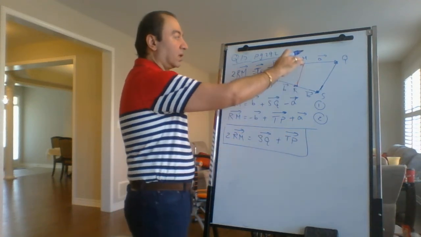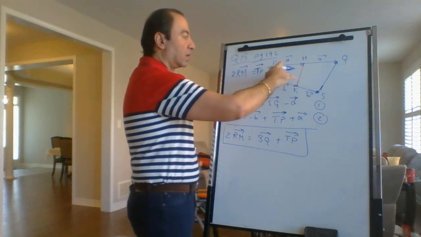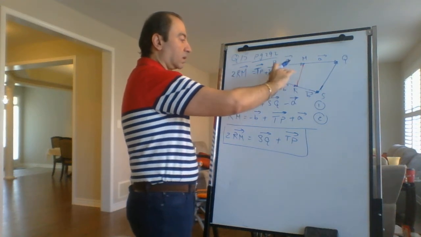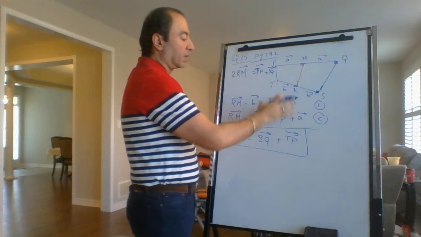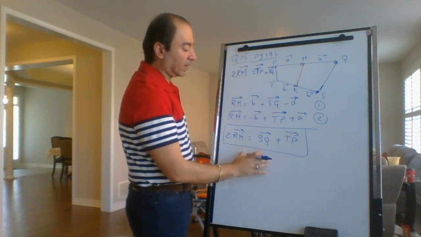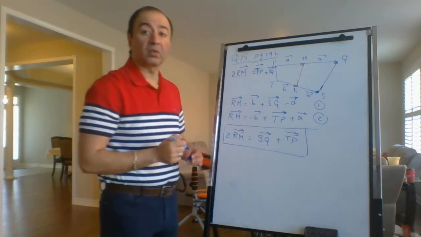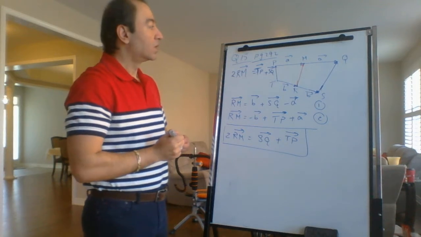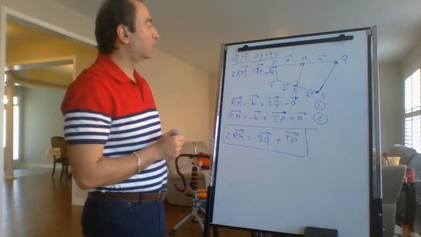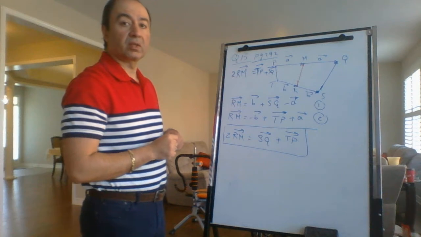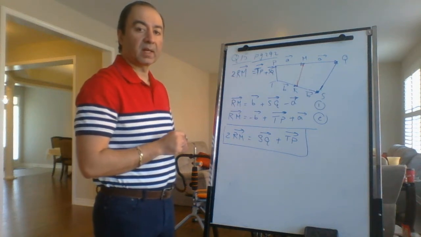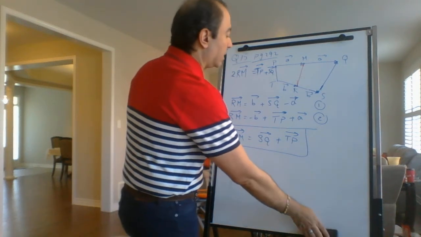I got Rm from this shape and from that quadrilateral, and then I added the two equations and I ended up with what they want me to prove. Okay? So this is question 15, page 292. I think I answered all your questions.